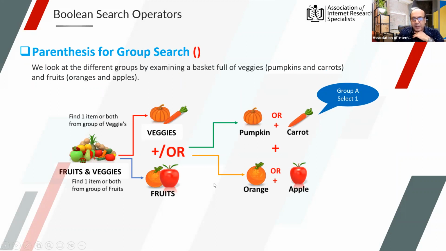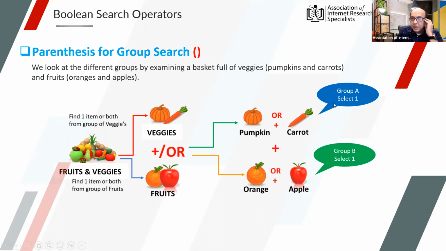This is giving an illustration. It's more of the same, but we can talk about it. Let's suppose there is a group. Now you have to use your imagination. Suppose it's a basket that has both fruits and vegetables, and they're in different groups. Veggies is one group, fruits is another group.